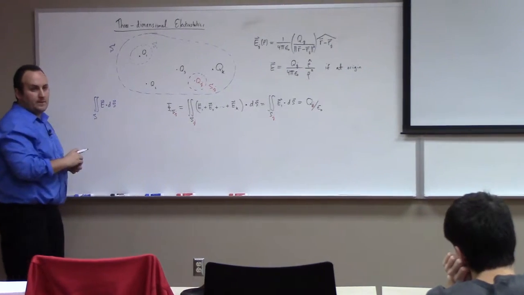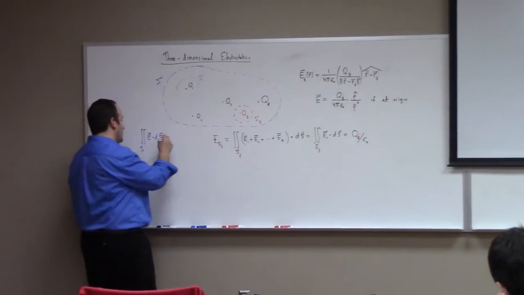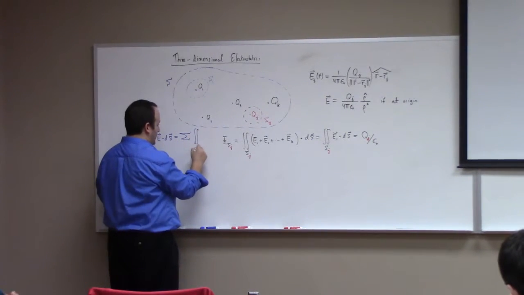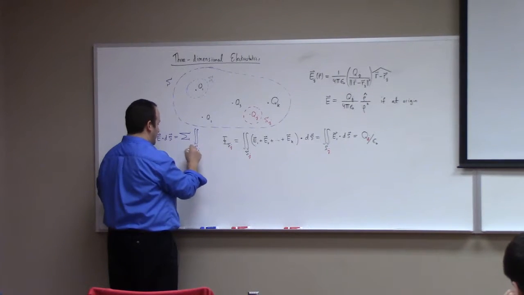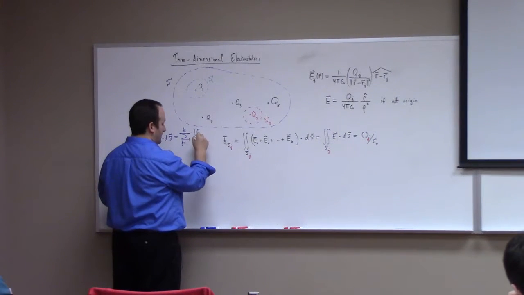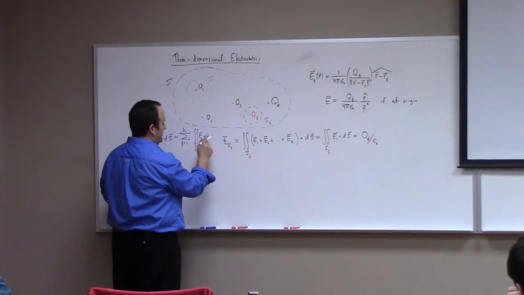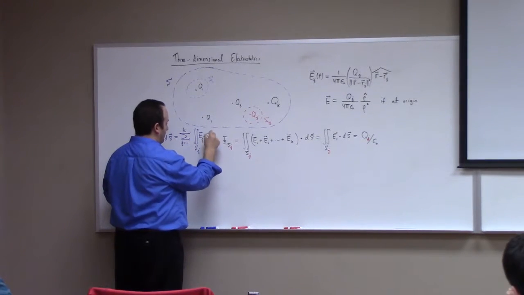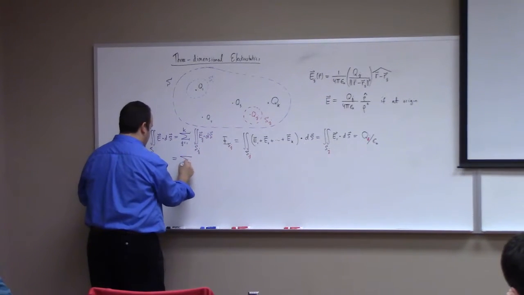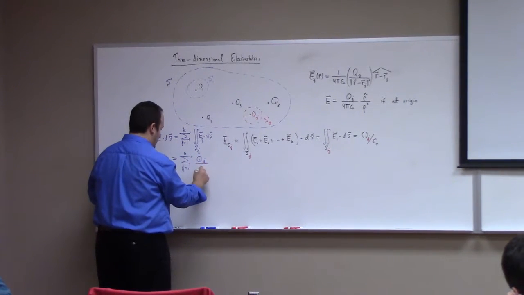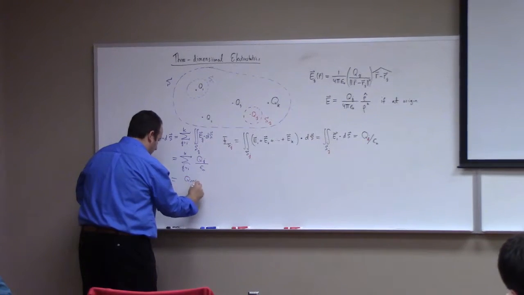Well, it's going to be equal to the sum of the integrals over these guys. It's simple. Basically, I could write that, which is, of course, in other words, Q enclosed divided by epsilon naught.